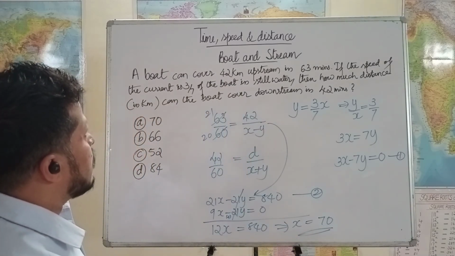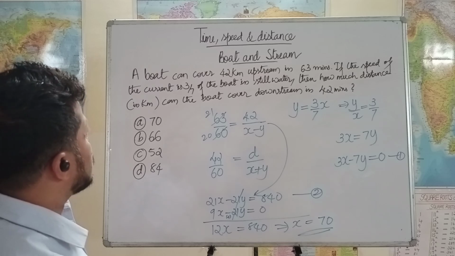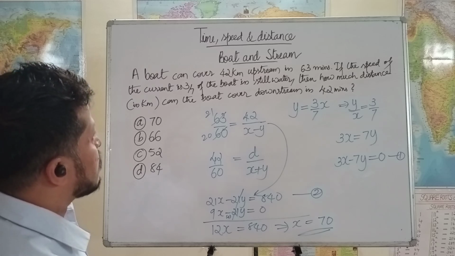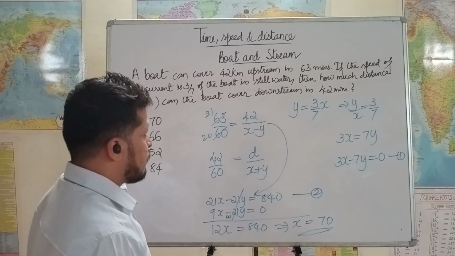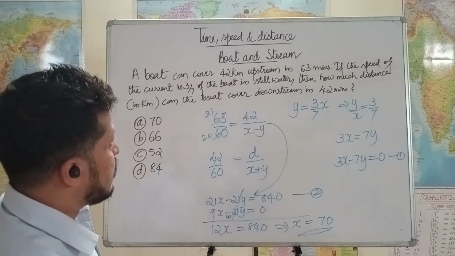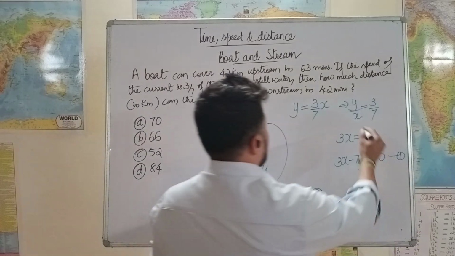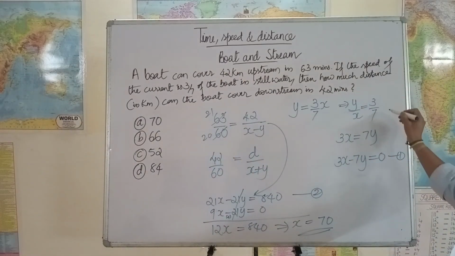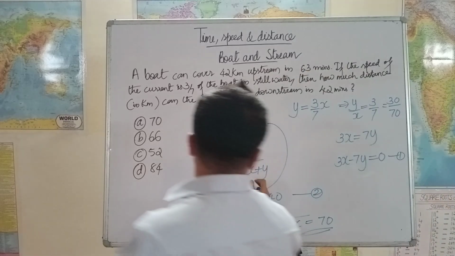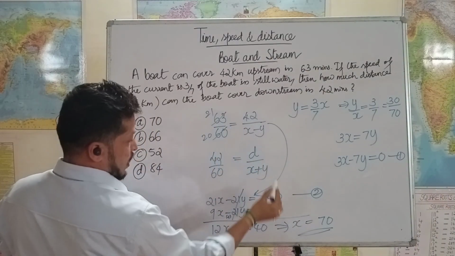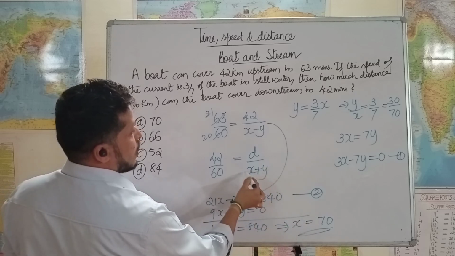What do we need to find? How much distance can the boat cover downstream in 42 minutes? Okay, let's see. If x is equal to 70, then y is 30. Substitute here. X is 70 and y is 30, so 100.